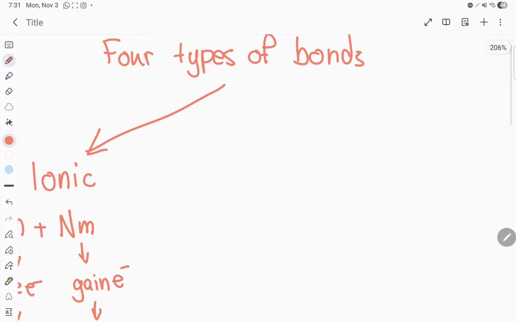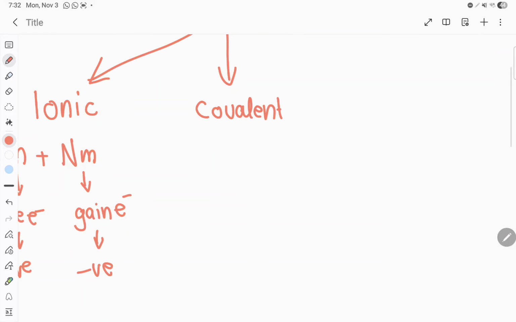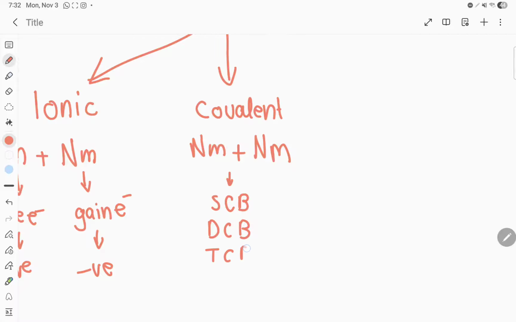Now our second type is gonna be our covalent bond. Now our covalent bond is between a non-metal and a non-metal, and it is the sharing of electrons between the two non-metals. It can either form a single covalent bond, double covalent bond, or triple covalent bond.